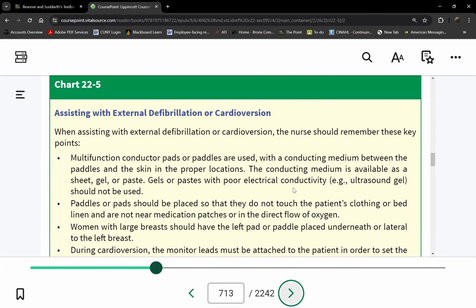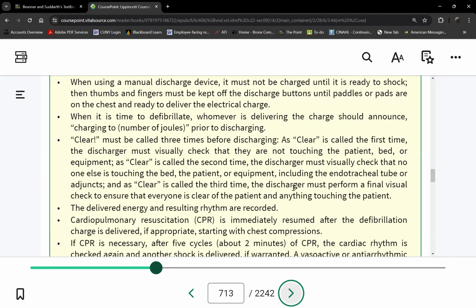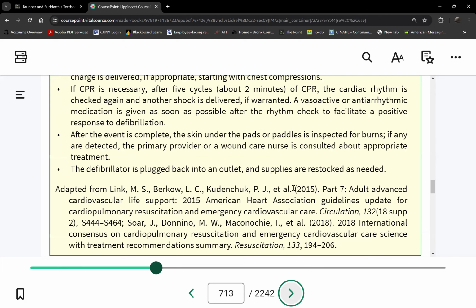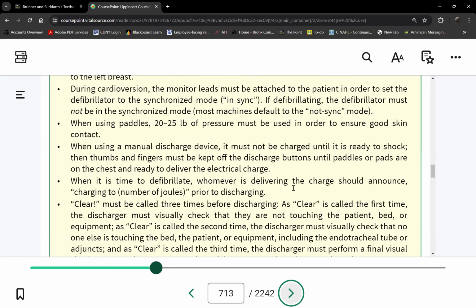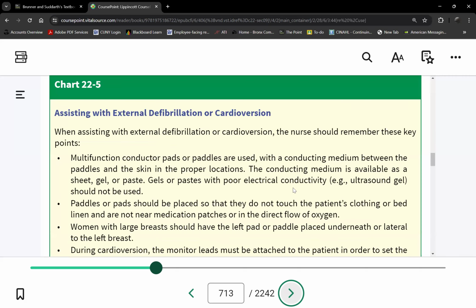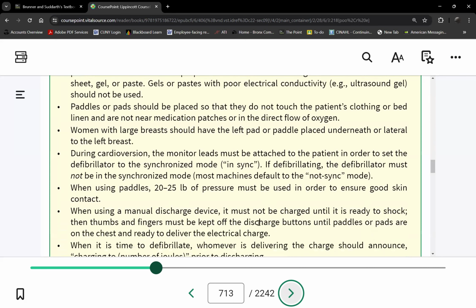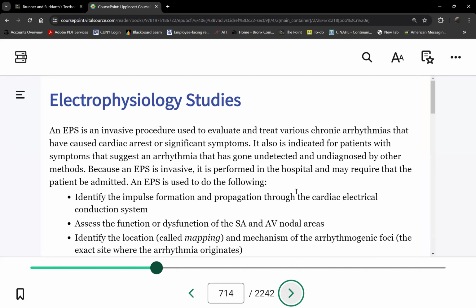Please read chart 22-5. I got questions here for your next week's exam. Okay. These are your responsibilities when you're participating in defibrillation or cardioversion. Okay, this will contain your responsibilities. I mentioned EPS earlier.